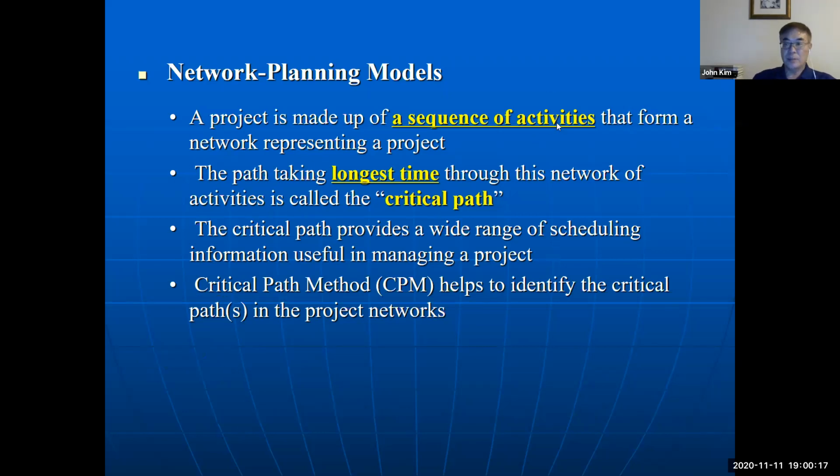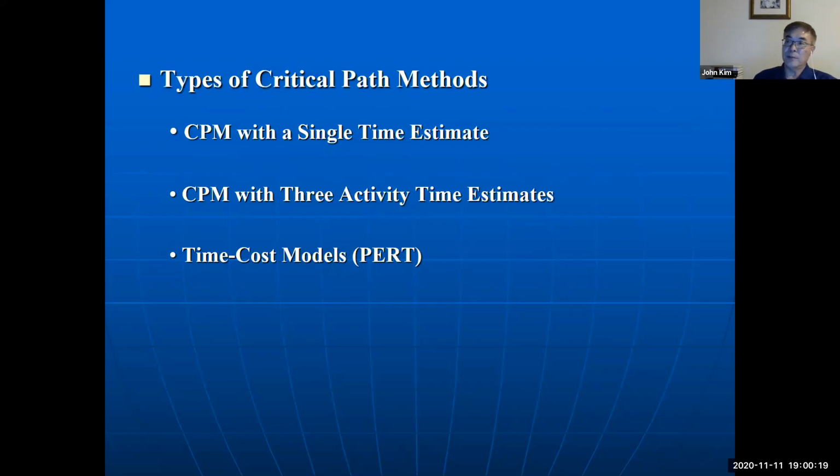In our textbook, three critical path methods are introduced. First one is critical path method with single time estimate. Second one is three activity time estimate, and the last one is time cost models. The others are CPM. If we have only time information, then we use critical path method.